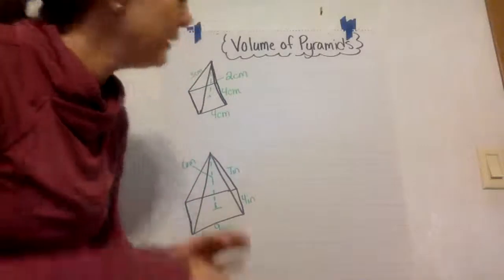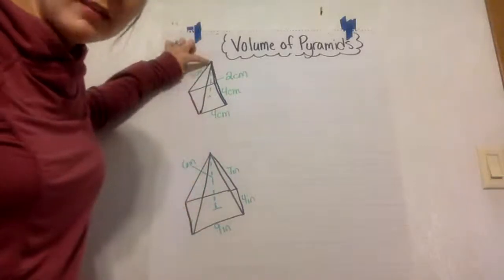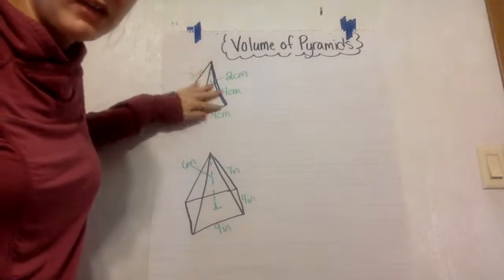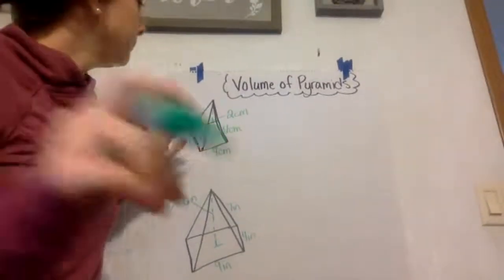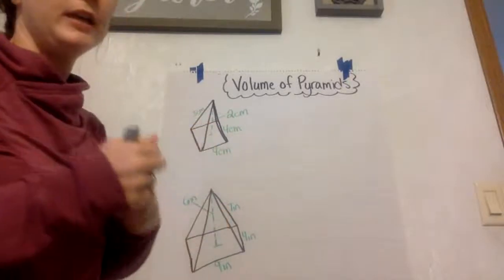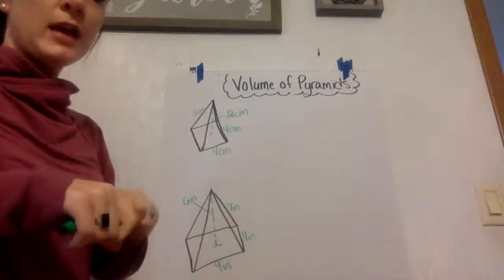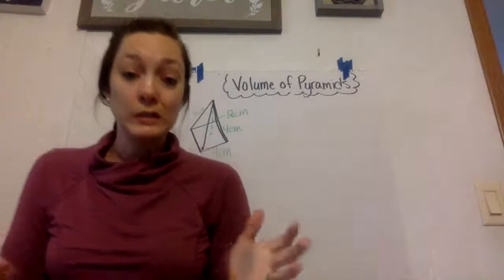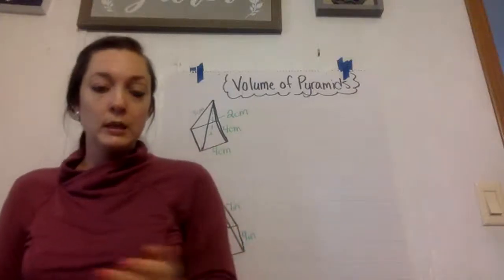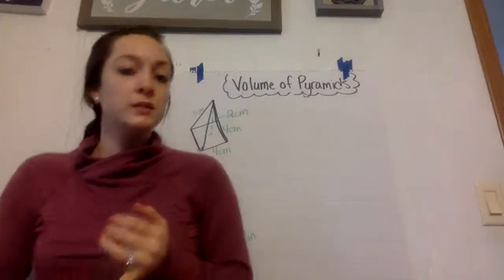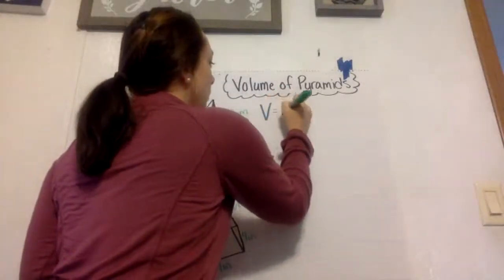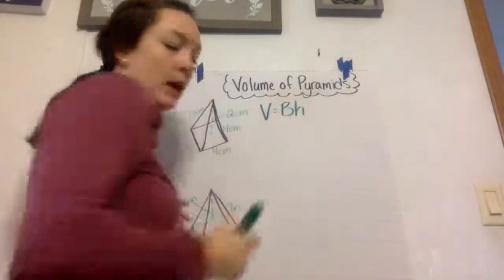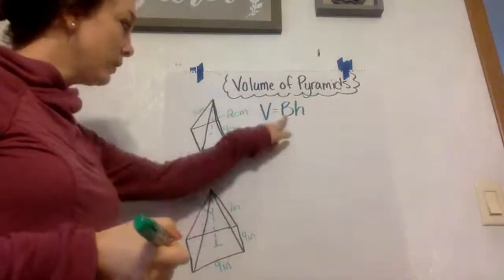So a pyramid has a point at the top, so it's not going to have any rectangular sides. They're all going to be triangles. So here's what we're going to do. For a pyramid, it's really simple, actually. You're going to do the same thing that you do for a prism. You do the base times the height, the area of the base.